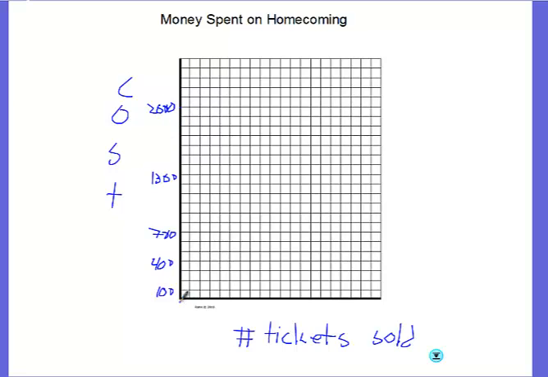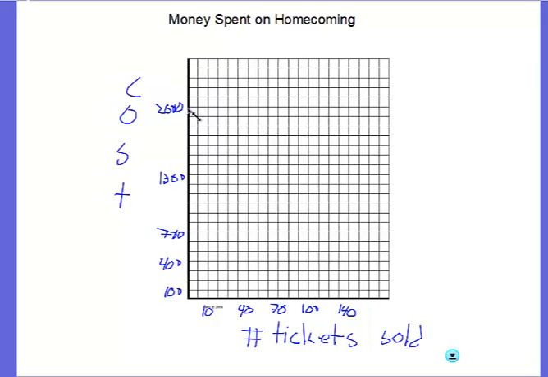Again, for the number of tickets, let's say each one of these is 5, so there's 10, 20, 30, 40, 50, 60, 70, 80, 90, 100, 110, 120, 130, 140.